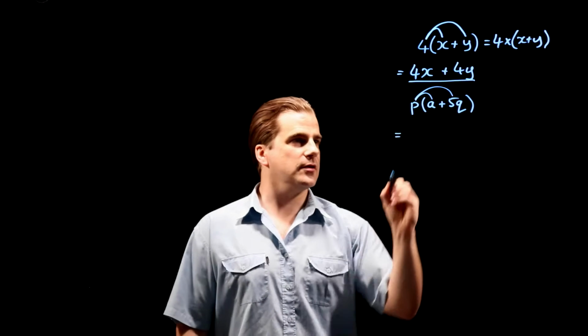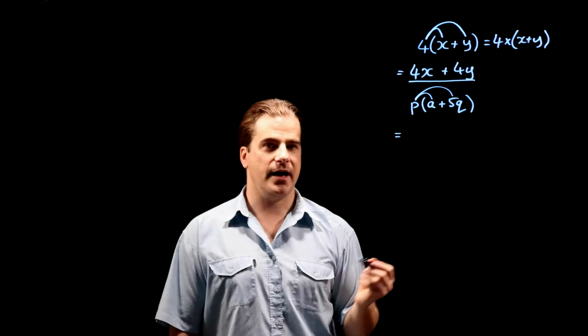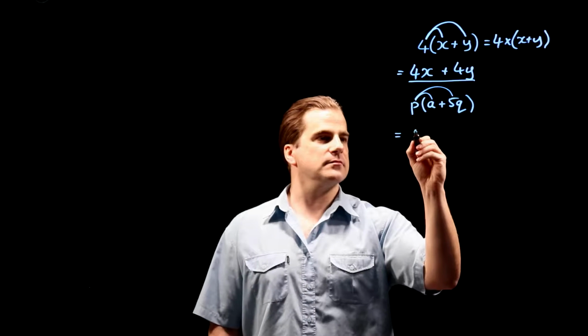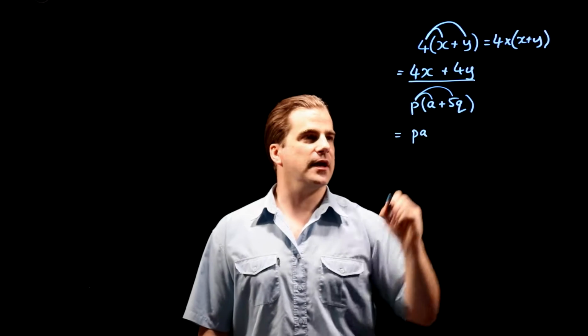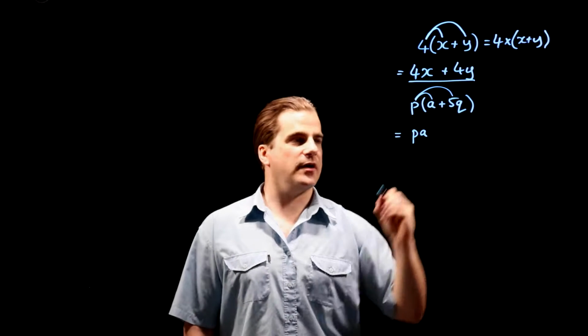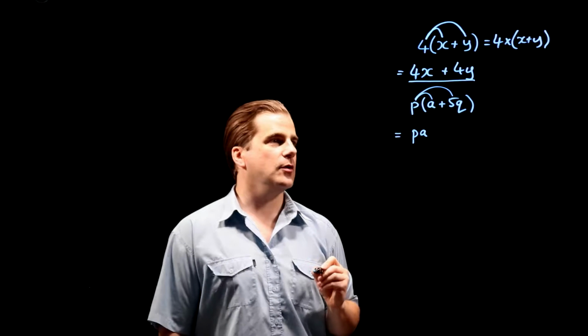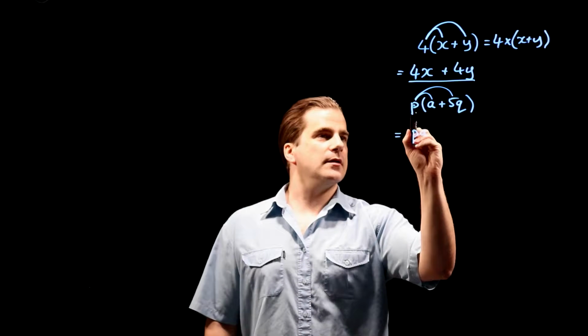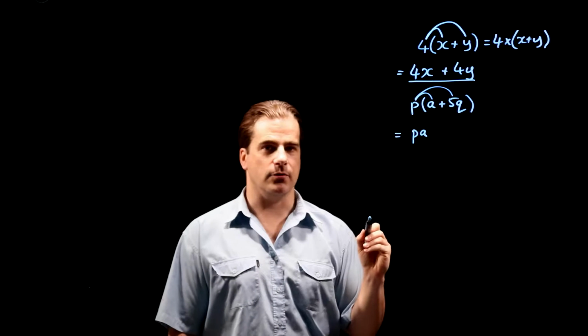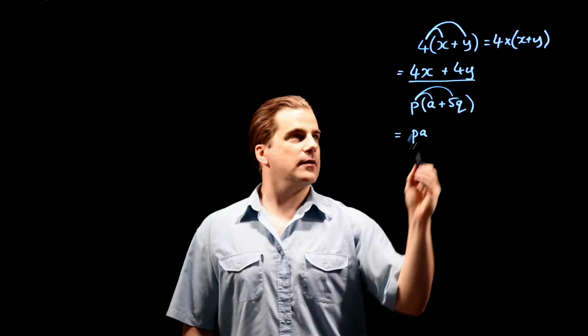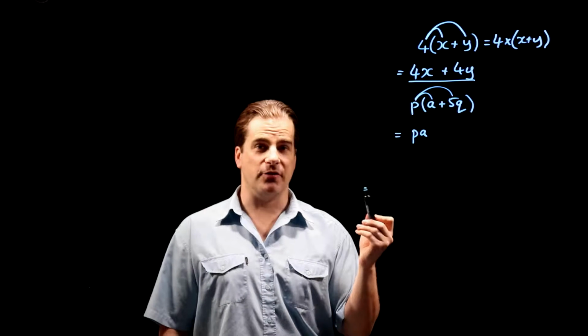So that's equal to p times a is PA or AP, doesn't matter. PA. P times 5q, what's that? Well, it's P times 5 times Q. It's traditional to write the number first.